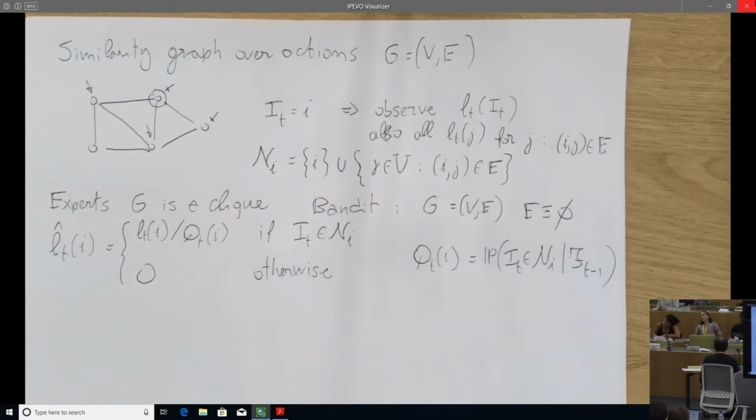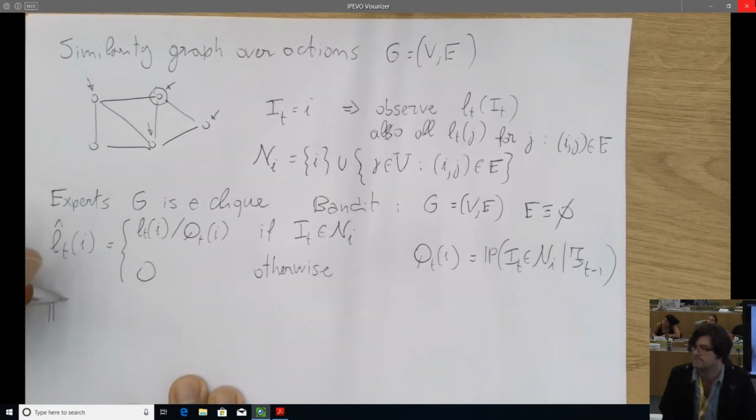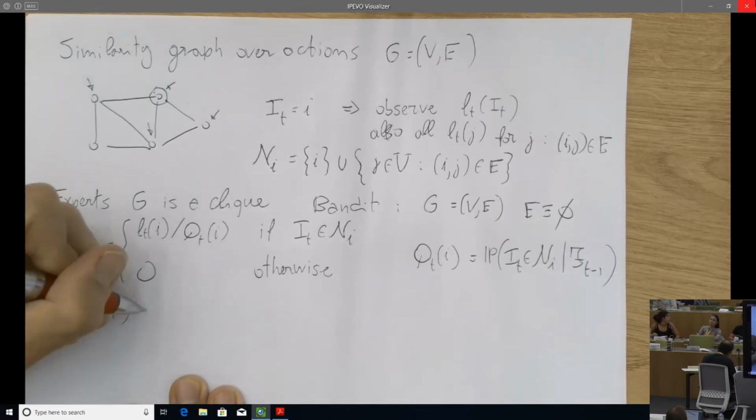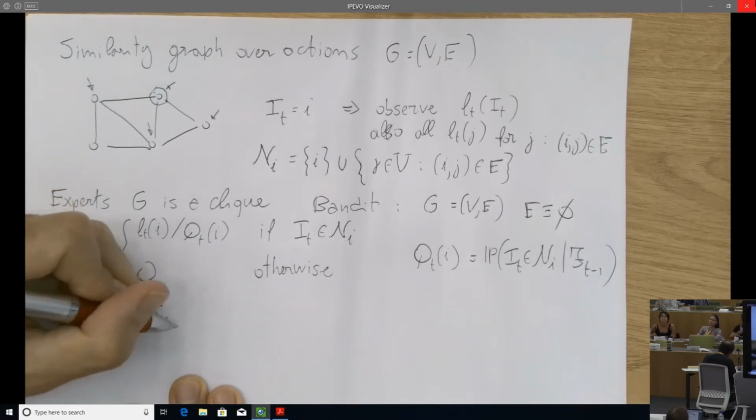Okay? So now it's very easy to redo those computations for the unbiased estimate and for the second moment. I don't do it, I just write it here because it's exactly the same computation, the same trick as before.